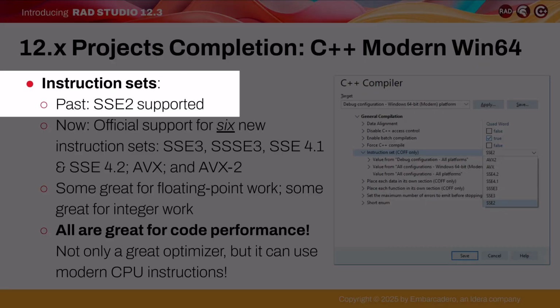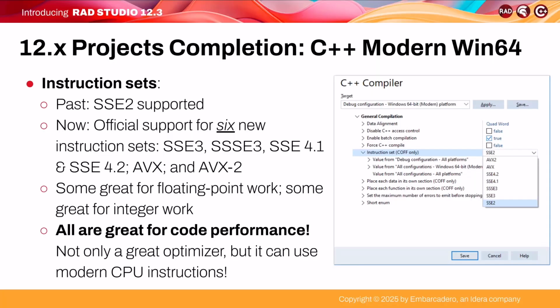But our Win64 toolchains only supported the SSE2 level, which is the baseline for Win64 code, until now. In 12.3, we are introducing support for using 6, count them, 6 more instruction sets. That's SSE3, SSSE3, SSE 4.1 and 4.2, AVX, and AVX2. You can pick which one you want, depending on the hardware your customers have.